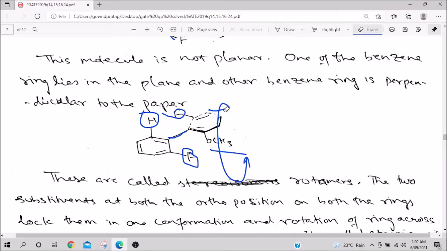Okay. So, imagine this fluorine has gone away from the viewer. So, this ring is there, it's perpendicular. Okay. So, this part of the ring is outside the screen and this part of the ring is inside the screen. So, what happens, this OCH3 is coming outside the screen, this fluorine is going inside the screen. Okay. Whereas, this fluorine and this H are in the plane.